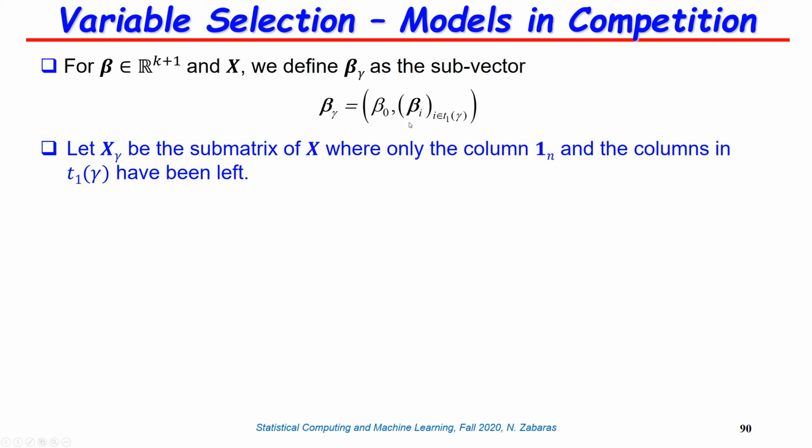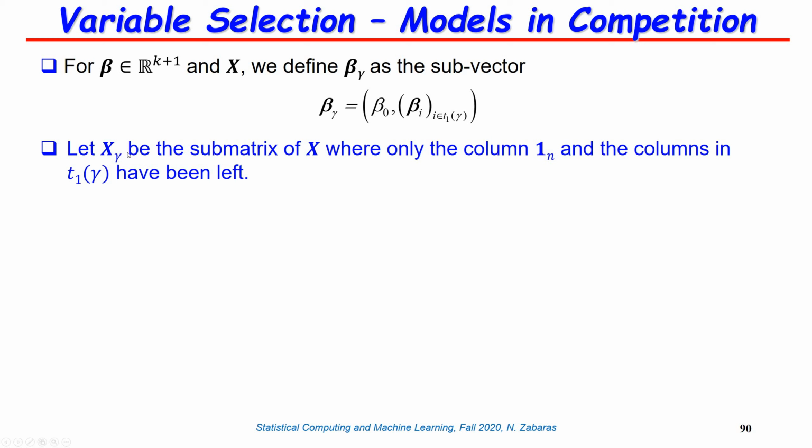But as I indicated, when you look at the parameters beta for the model gamma, you will always incorporate in that model the bias term beta 0. So this will be in every model. And then in addition to that, you're going to keep only the parameters beta_i, where the index i belongs to this set T1 of gamma, which again, I remind you, is the set of indices of the variables that are in the model.